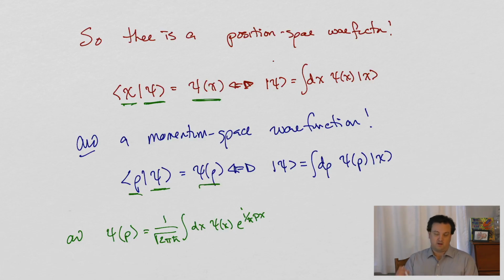And on the right-hand side, I have them written down explicitly in the integral form, right? Except I have a typo here. This should be a p, because I'm decomposing it onto the eigenstates of the momentum operator. And then the relationship between the two different sets of coefficients is just given to me by the Fourier transform.